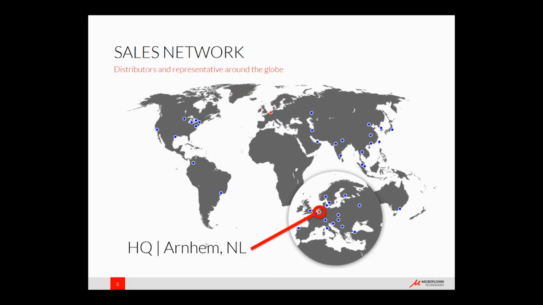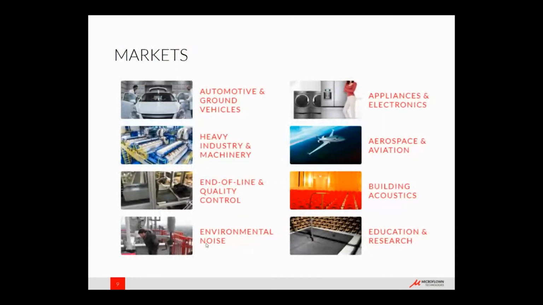Besides looking at it from a geographical perspective, what markets does Microflown serve? We are very strongly serving the automotive market and the affiliated companies in ground vehicles. There is an increasing need for our solutions and a growing market in other segments like appliances and electronics, heavy industry and machinery, aerospace, aviation.